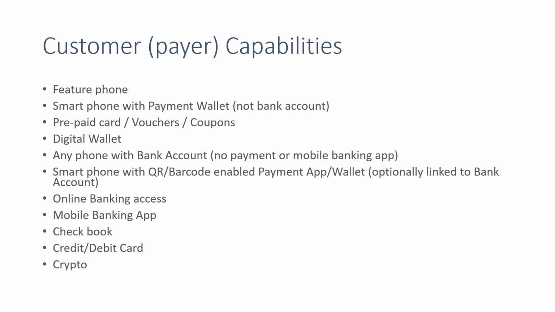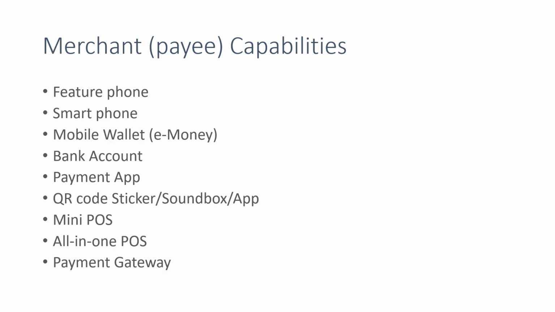If a customer has a mobile banking app already, and it works well, then they might not prefer to install any kind of payment app. Whereas some customers might have a credit card and a payment app also, and they may decide where to use the credit card and where to use the payment app. Cryptocurrency is also a customer capability, and if they have it, they might want to use it.